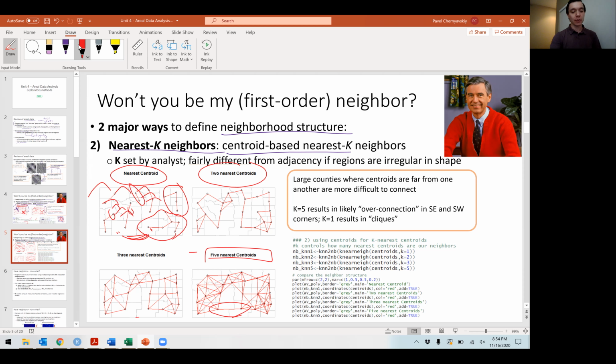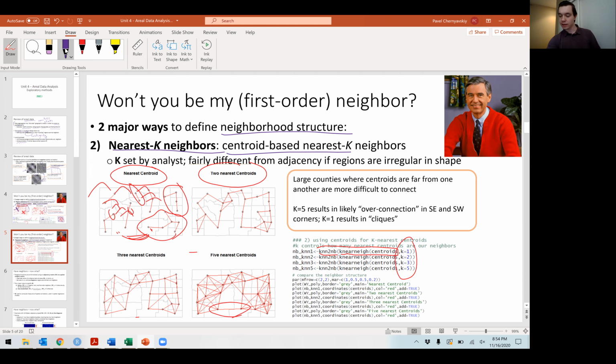But I think when we go to the extreme, make it 5, and by the way, we have this knn2nb, so we just find k nearest neighbors using the centroids. Now you can change k from 1 to however many. I think the 5 forces every county to have its 5 closest neighbors. So the counties in the corners are going to reach out pretty far, won't they?